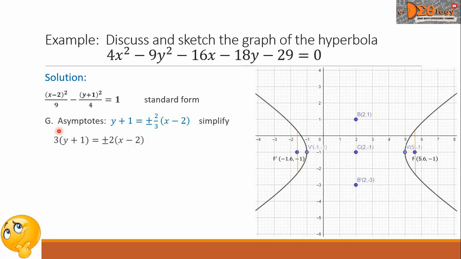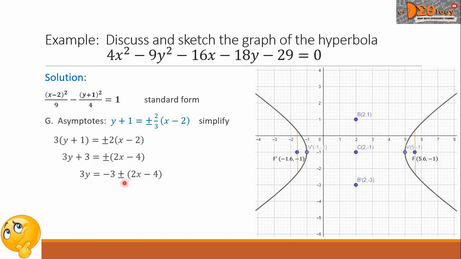Let us now distribute 3 to y plus 1, and also distribute 2 to x and negative 2. So we have now 3y plus 3 equals plus or minus 2x minus 4. Let us transpose this positive 3 to the right side. So we have now 3y equals negative 3 plus or minus 2x minus 4.